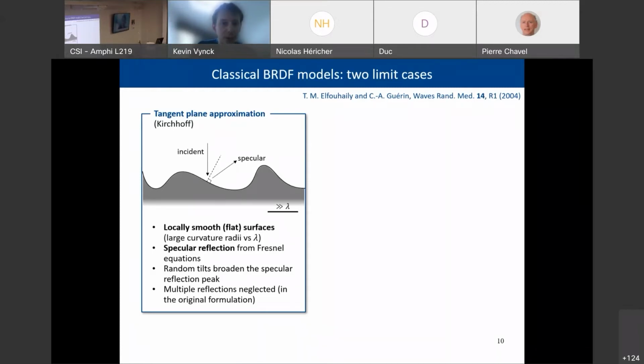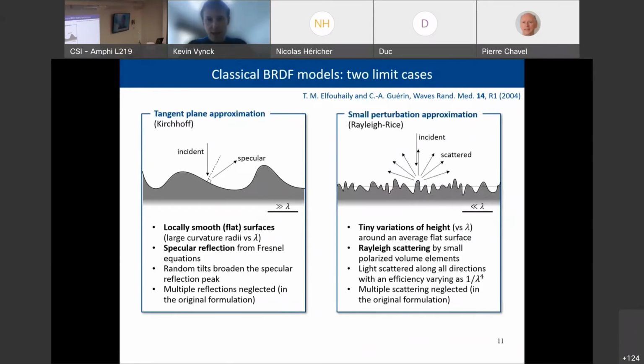So this is the first part of the model, where the typical dimensions of the surface are very large compared to the wavelengths. And the other model is called the small perturbation approximation, or also Rayleigh-Rice approximation. It's the opposite. It's where you have a flat surface with tiny variations of height, that means that the height fluctuations are very small compared to the wavelengths.